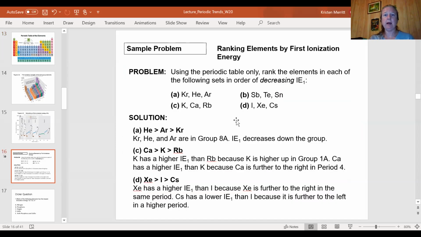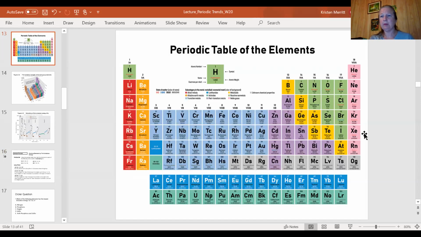Okay. Iodine, xenon, and cesium. There's xenon, iodine, and where is cesium? Okay, I know where it is, but I can't find it. Let's see. So xenon obviously is going to have the higher ionization energy. It's a noble gas. It's further to the right than iodine.